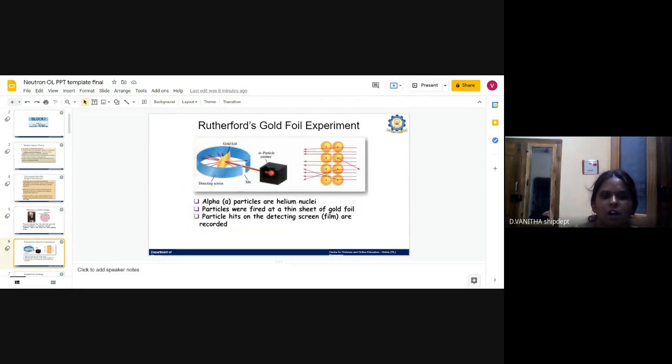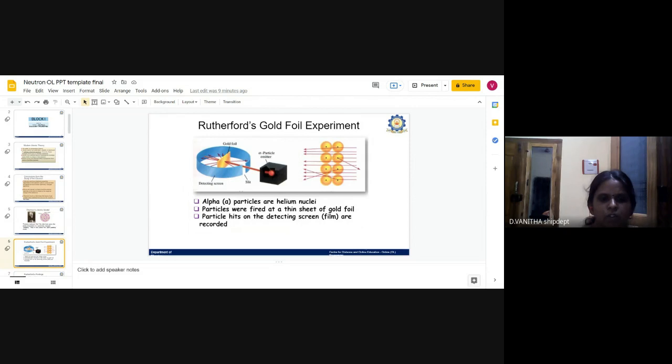After that, Rutherford came and did an experiment, called the Rutherford gold foil experiment. In this, helium nuclei are taken, which emit alpha particles. The particles are fired at a thin sheet of gold foil.